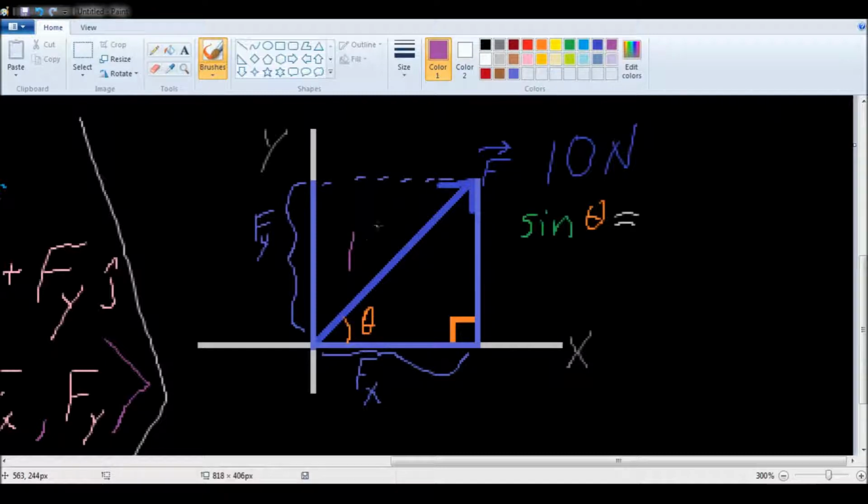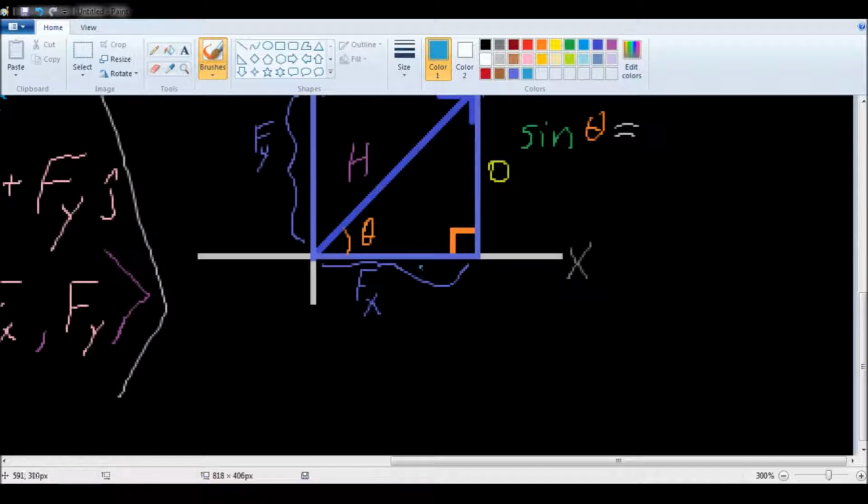This is our hypotenuse, this is our opposite side, and this is our adjacent side.